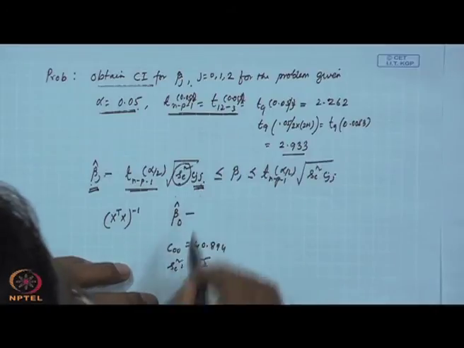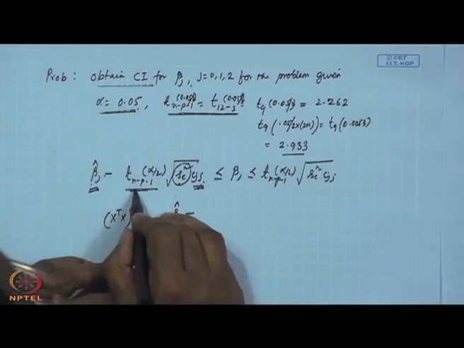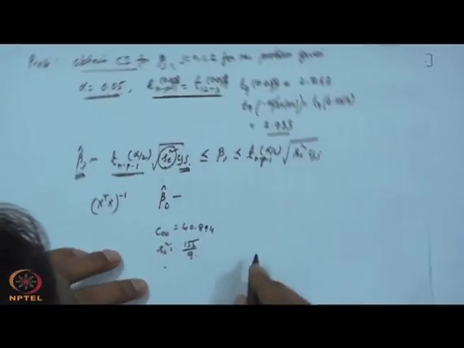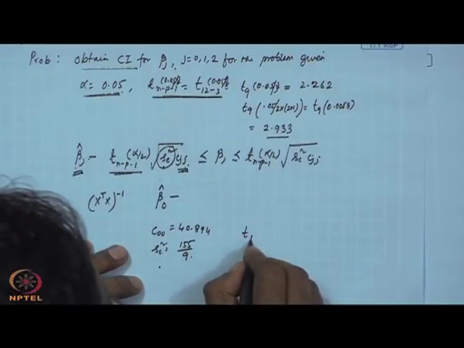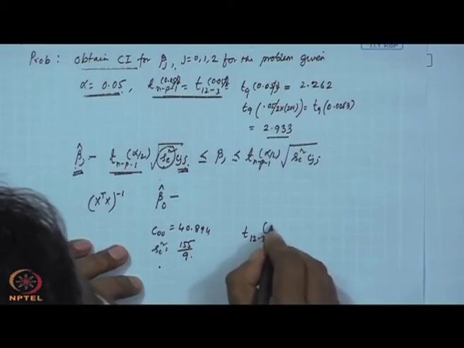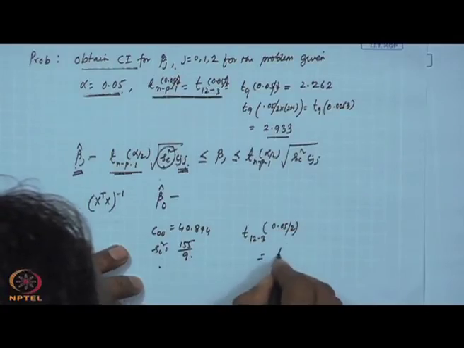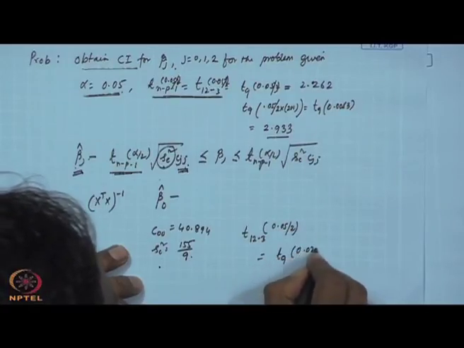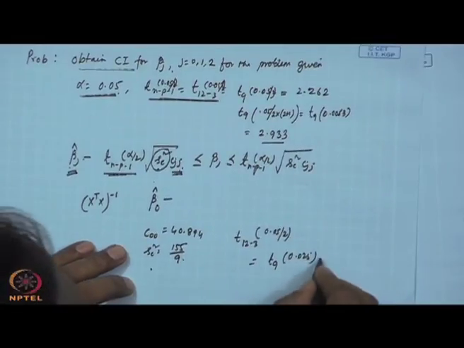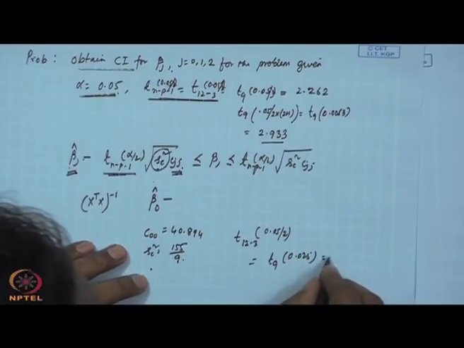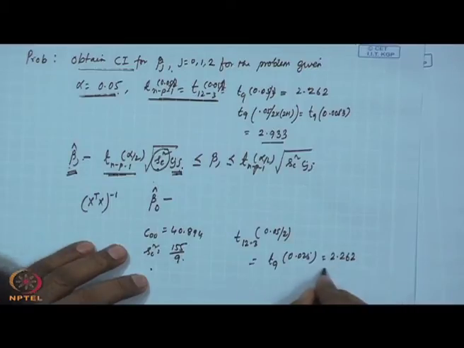C jj is known, sigma cap square is known. Now you require to know the t value. t with 12 minus 3 degrees of freedom and alpha, let it be 0.05, by 2. That means t9, 0.025. This value, if you see in the table, will be 2.262.